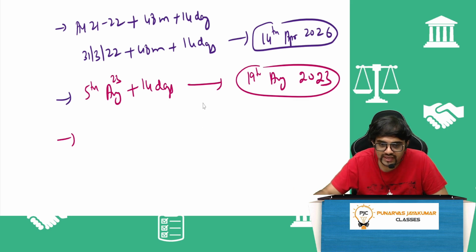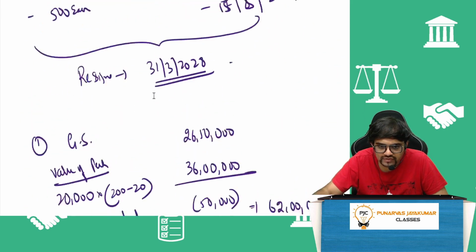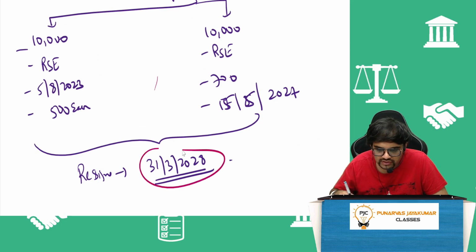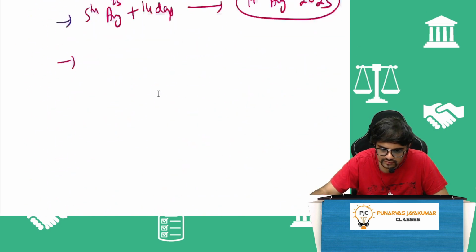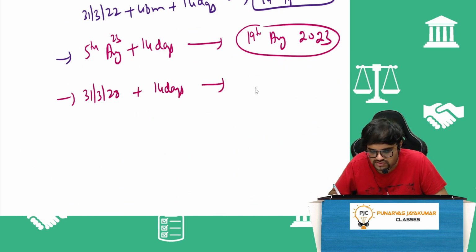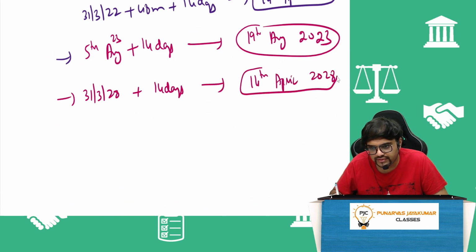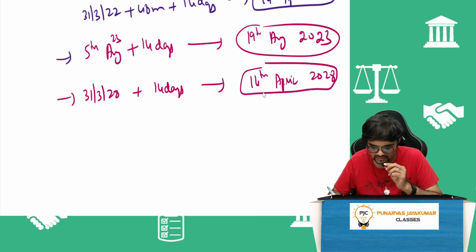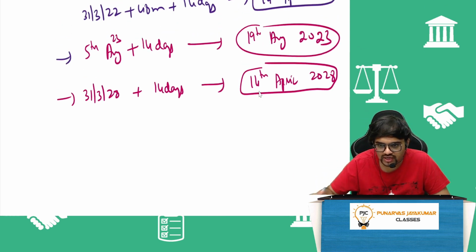Third one: 14 days from the day he leaves the job. When does he leave the job? 31/3/28 plus 14 days, 14th April 2028. So what is the earliest of the three?